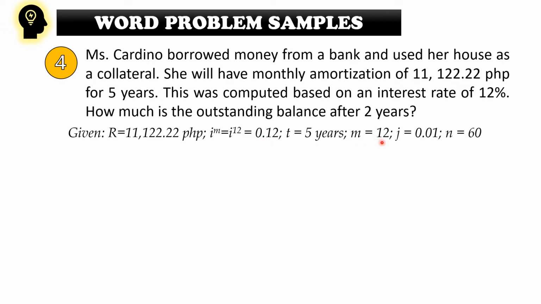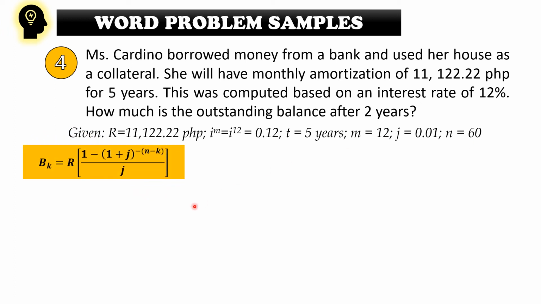So, that is equal to 0.01. And then N, the total number of payments made. This can be computed by simply multiplying the time T, which is 5 years, to the number of conversion period per year, which is 12. So, 5 times 12 is 60. Okay, this is now the total number of payments to be made within 5 years.